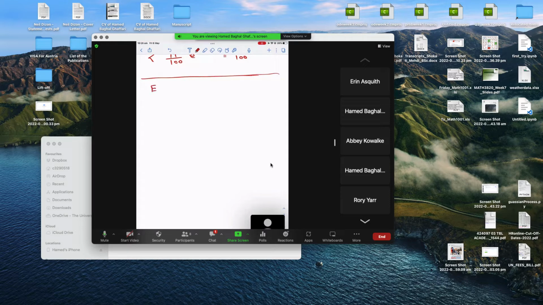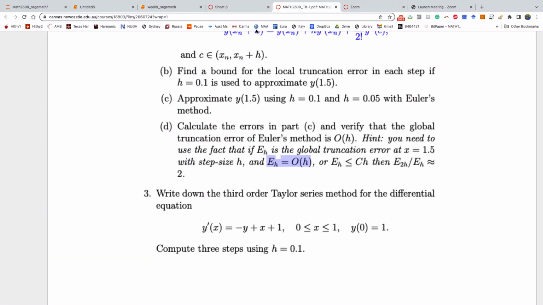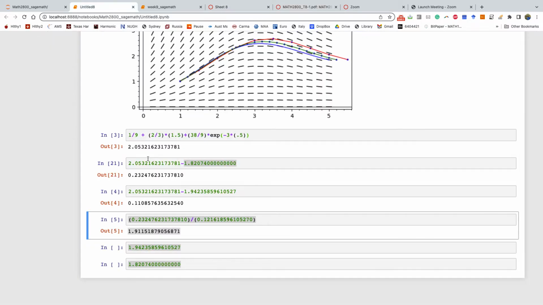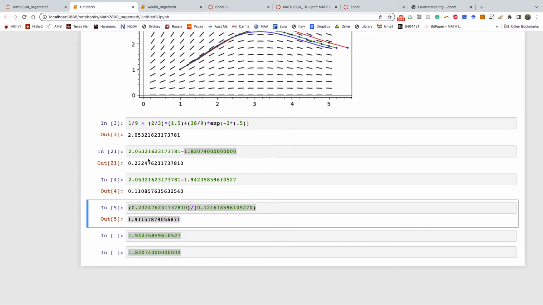We obtained 0.1, and we obtained 0.2324. I will come back to the screen share.